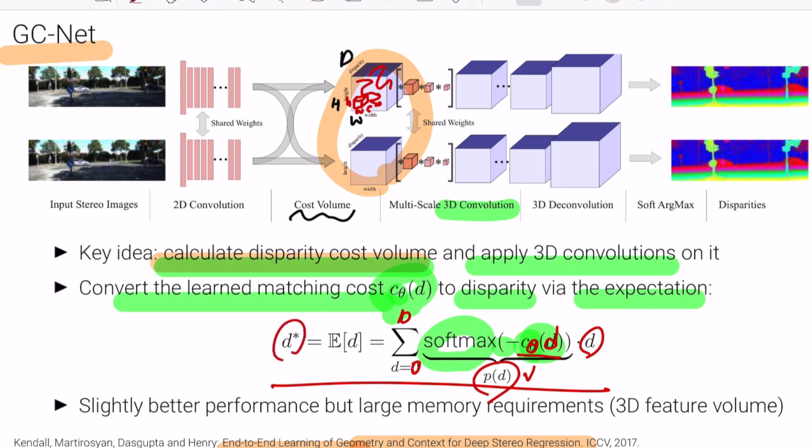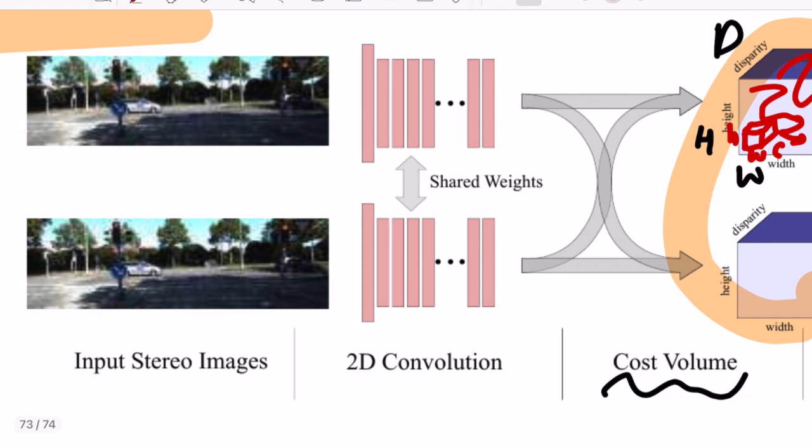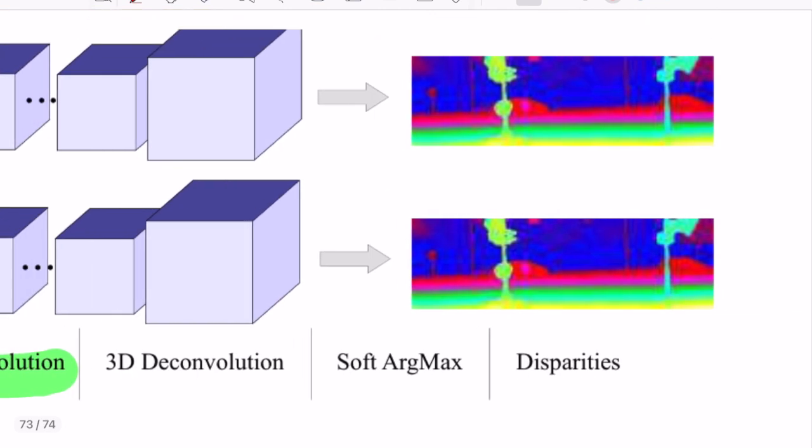It's going to be our final disparity map. So it gave slightly better performance but required large memory. This is a stereo image pair, and this is the output of GCNet.